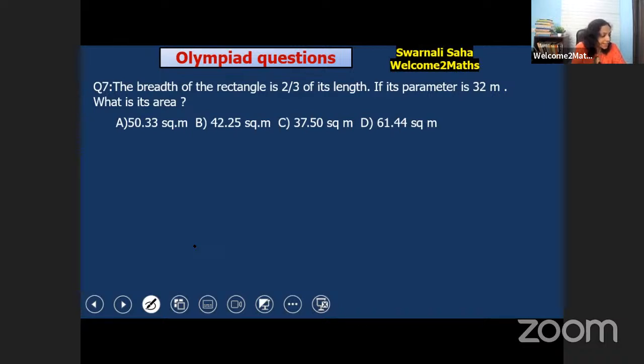The breadth of a rectangle is 2 by 3 of its length. Okay. If its perimeter is 32 meter, what is its area? That you have to find out. Chalo. The breadth of the rectangle is 2/3 of its length.